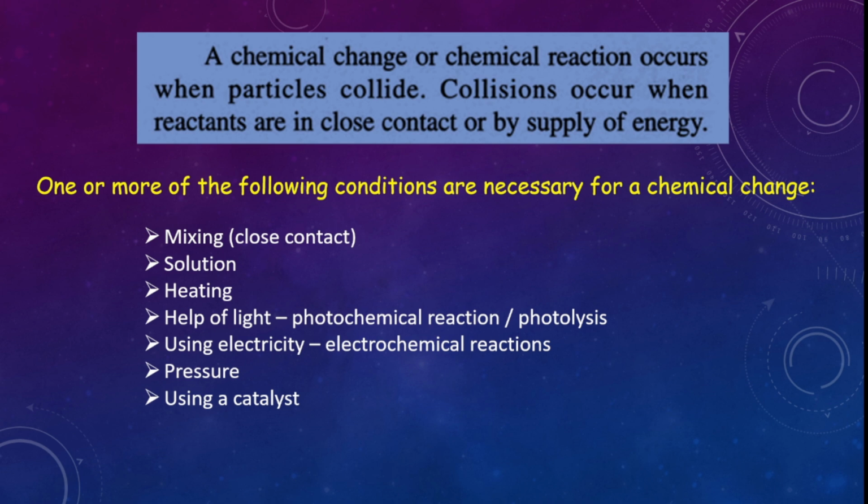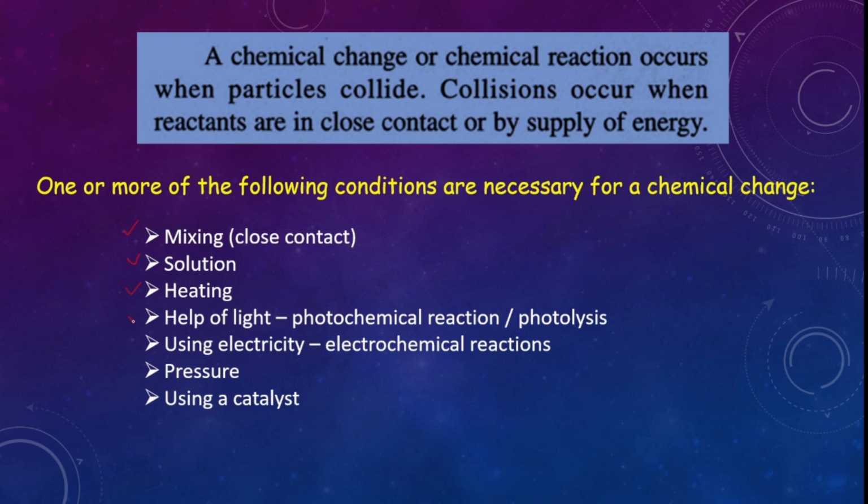So in order for a chemical change to happen, or a chemical reaction to start, the following conditions are necessary. First one, mixing, or the reactants should be in close contact. If the reactants are made into a solution by mixing them with each other, then a chemical reaction may start. If we put those reactants together and heat them, then a chemical change will start.